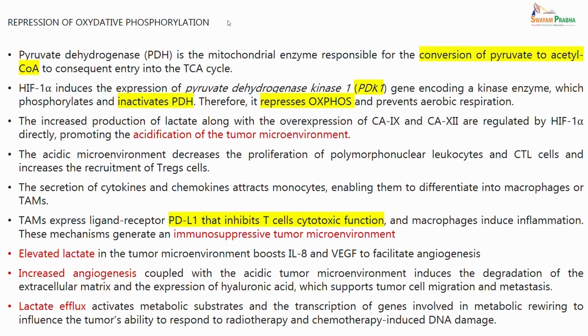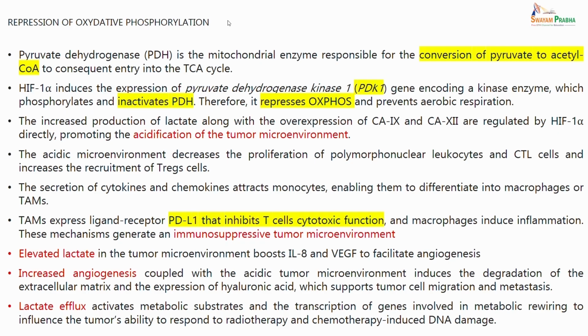The tumor associated macrophages, or the TAMs, express a ligand receptor called as the PDL1 that inhibits the function of the T cells, that is, the cytotoxic function of the T cells is inhibited by the PDL1. We will be seeing the mechanism shortly. And the macrophages, the tumor associated macrophages, will induce inflammation. Now, these mechanisms are important to generate an immune suppressive environment in the tumor microenvironment.